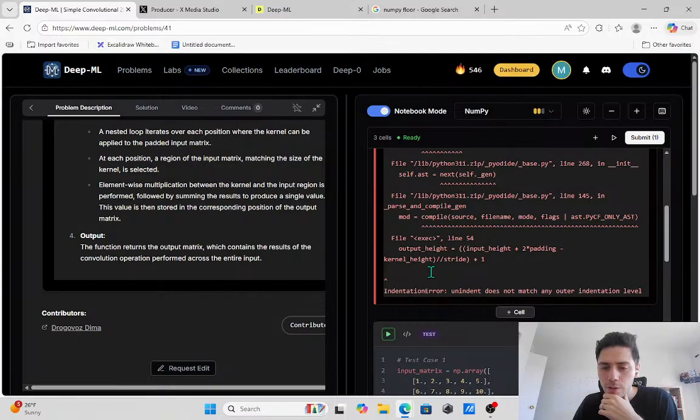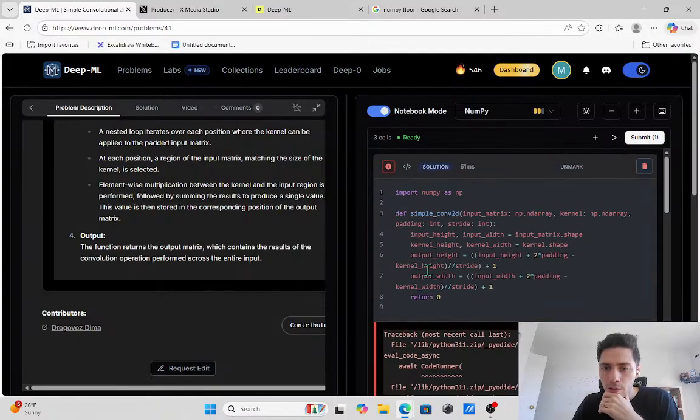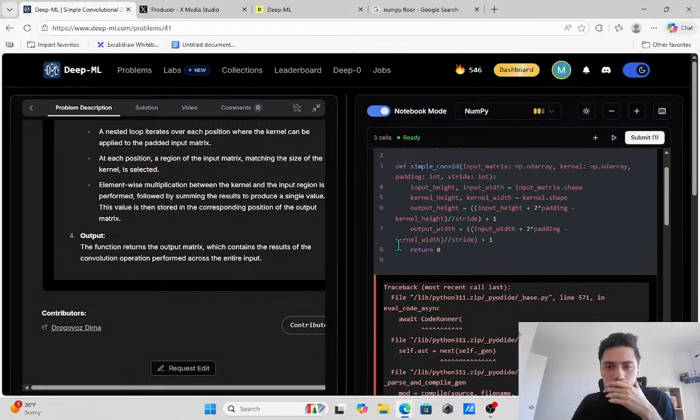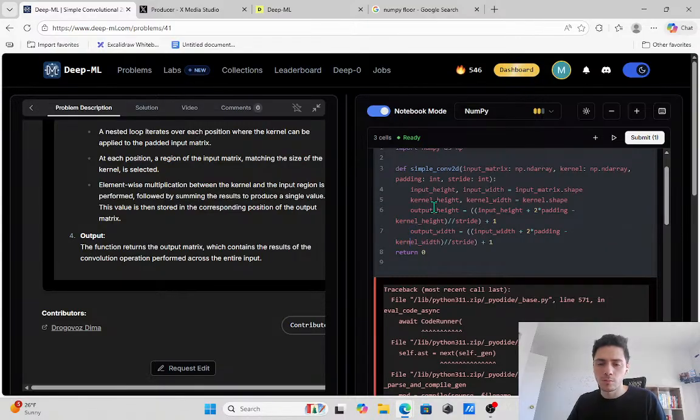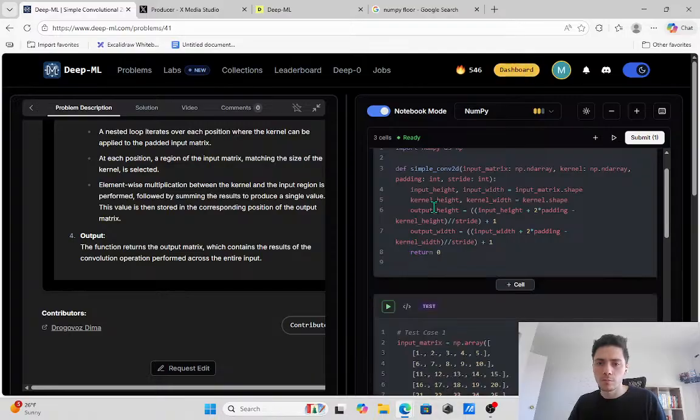Yeah, the stupid indentation errors. Output height. It's just, you can't even. Okay. Okay. There we go.